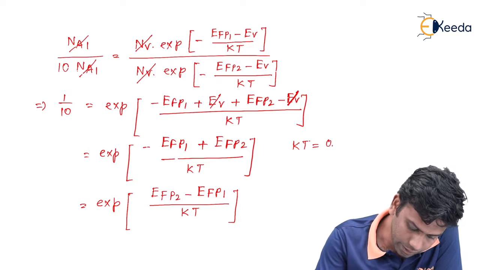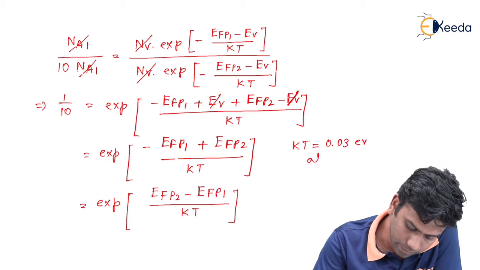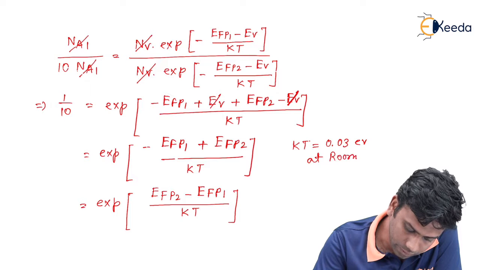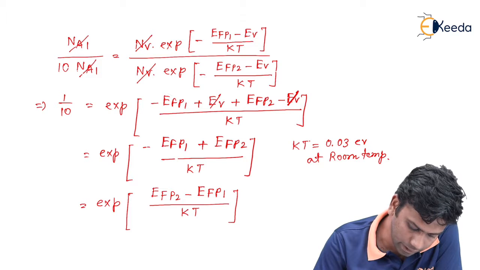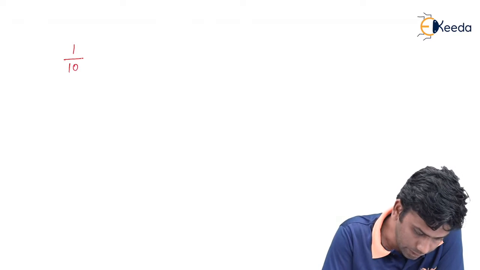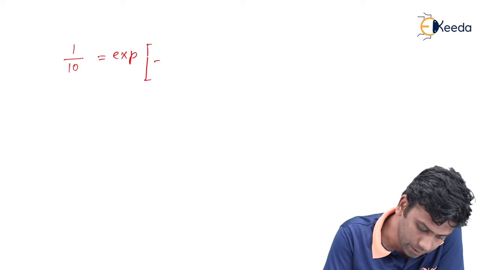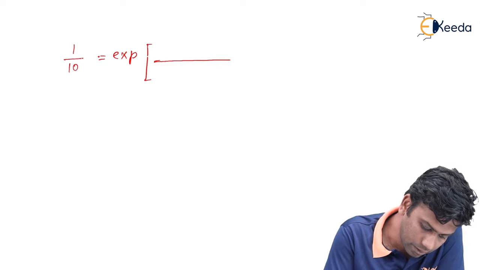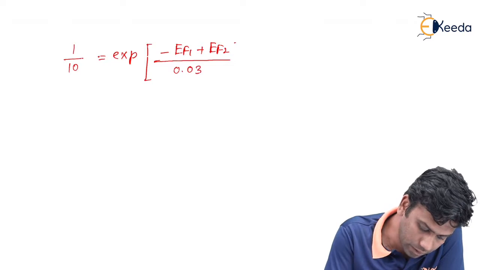We know that it is 0.03 electron volt at room temperature. So, if we put this value, then we can get 1 by 10 is equal to exponential minus EF1 plus EF2 divided by 0.03.